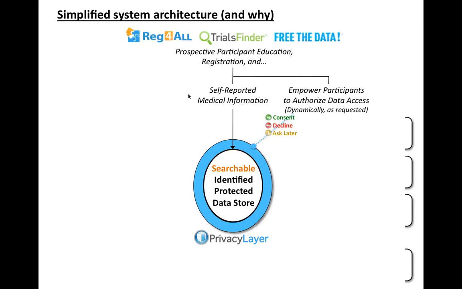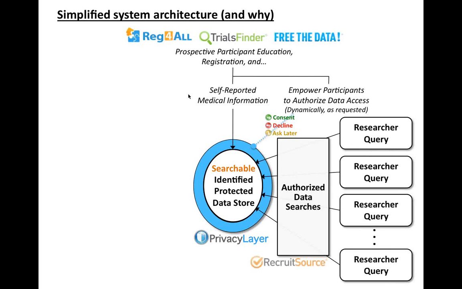From this basic architecture, we're able to make that data store searchable. And by that we mean that researchers, disease organizations, and research platforms that are looking for certain types of data gain access or not, based upon each participant's individual authority, through a system called RecruitSource, which is what we're going to look at in the demo, for searching that data index to determine who meets their criteria for whatever the purpose is.